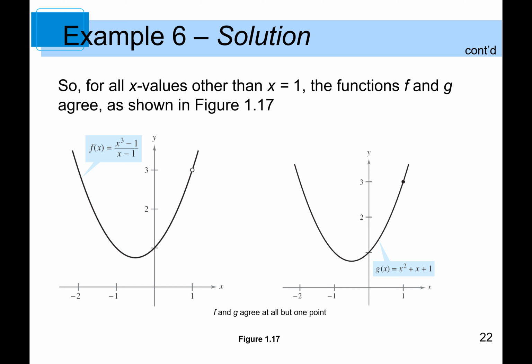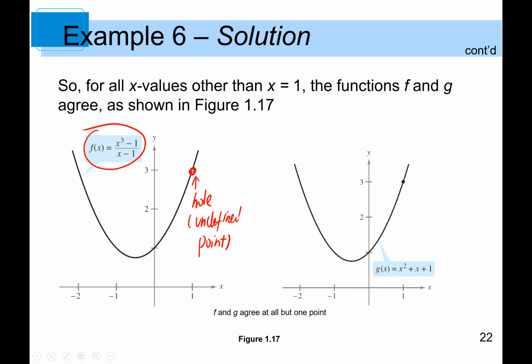So this is basically the graphical interpretation of the previous example. As you can see, this is the function x cubed minus 1 over x minus 1. It's undefined at x equals 1, so that's a hole there, meaning an undefined point.